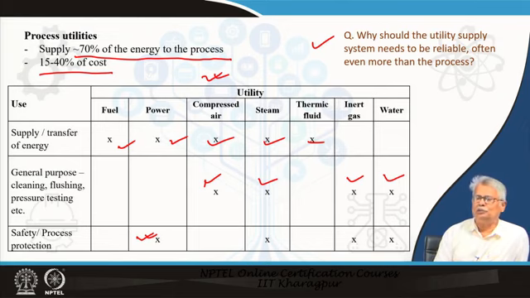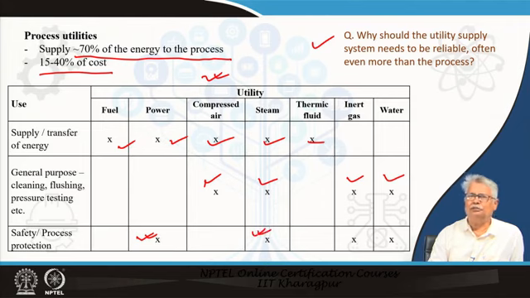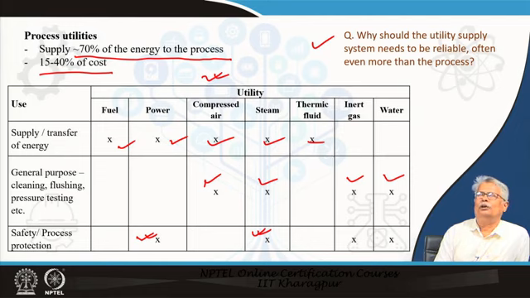The same thing is true in case of steam. For example, in case of fire, you require the fire to be extinguished, and particularly if it is an oil fire, extinguishing it with steam is what is done. So, it must be available to you from the standpoint of safety as well.